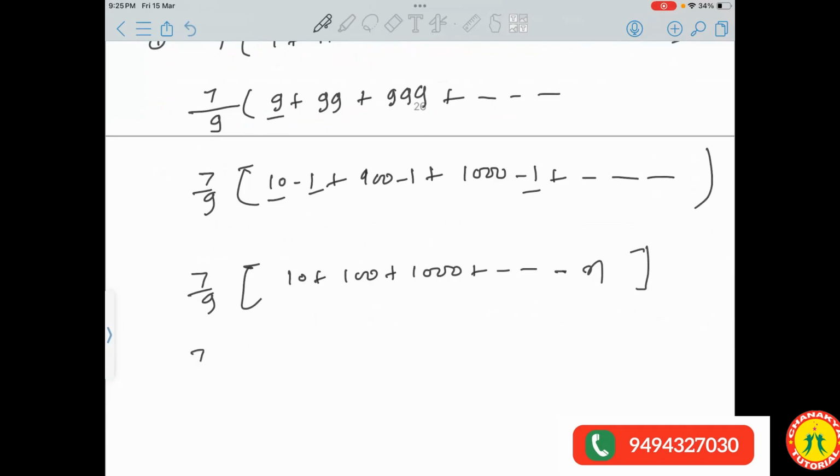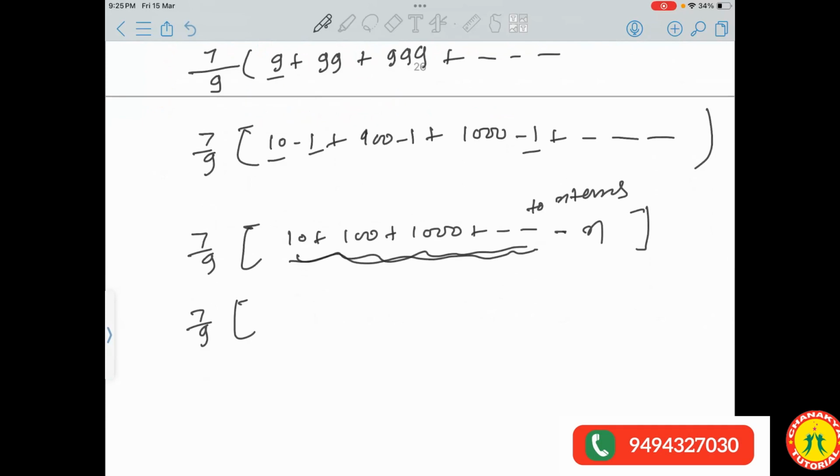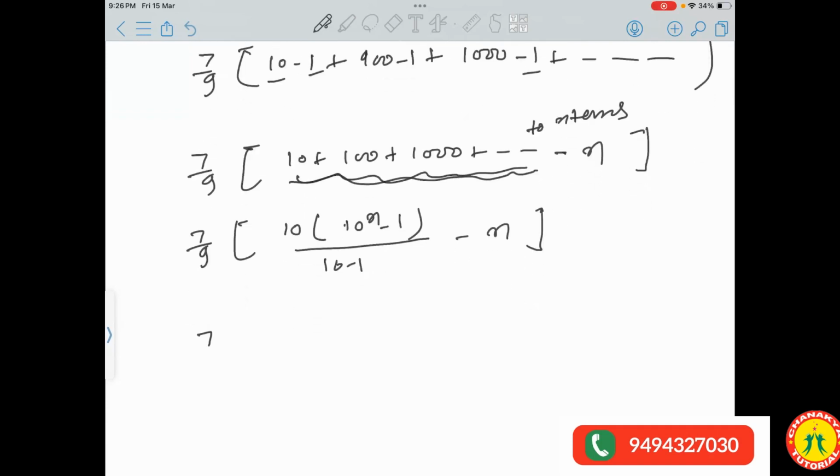This is basically a GP, so we write the Sn formula: a is 10, r^n minus 1 upon r minus 1, r is 10, minus n. So 7 by 9 times (10 (10^n minus 1) upon 9 minus n). This is the final answer.